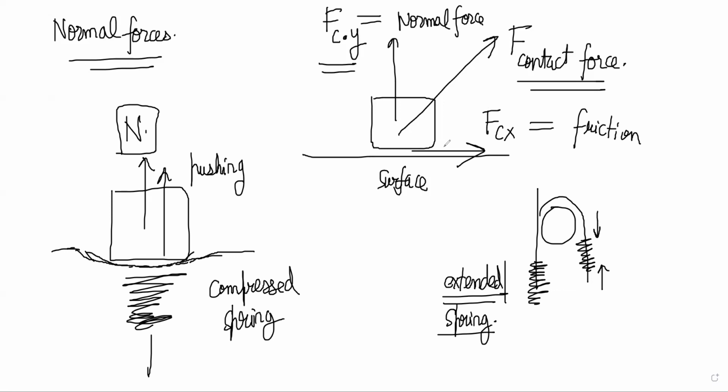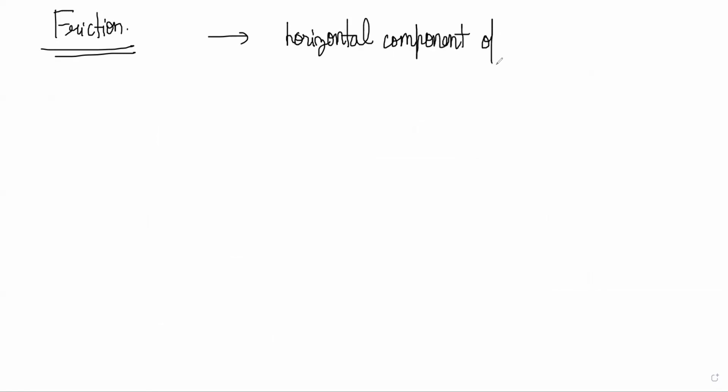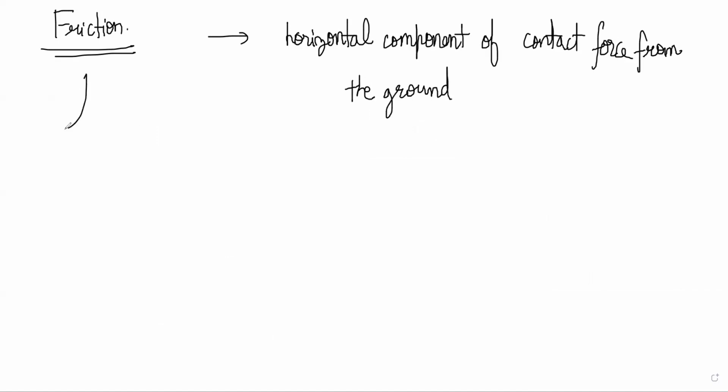Friction is another force that you will encounter very frequently in problems in statics. Friction is basically the horizontal component of contact force from the ground. Now, the friction can be of two kinds.